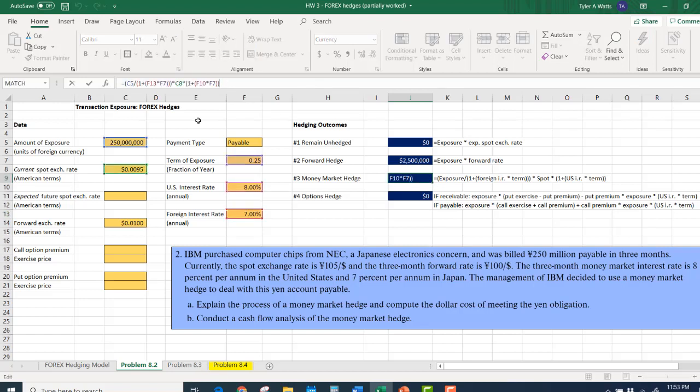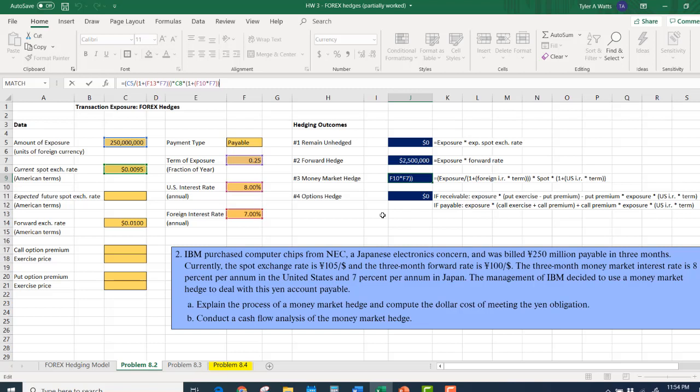So we are taking the 250 million yen, and we're dividing that by 1 plus the Japan interest rate, so 7% for 1/4 of a year.